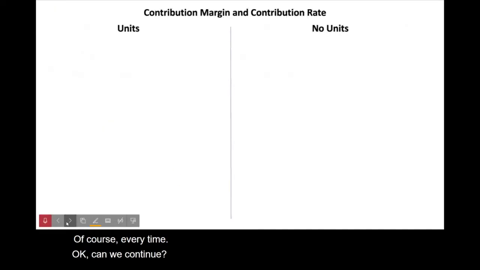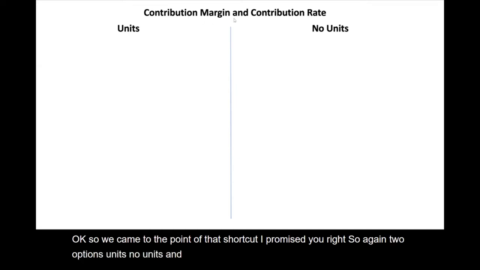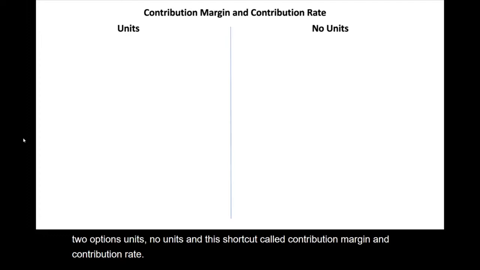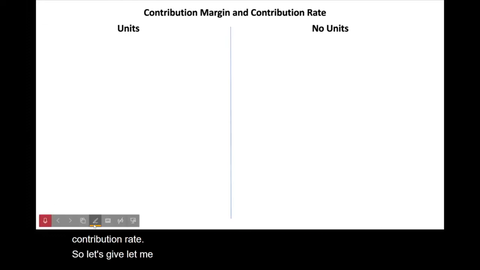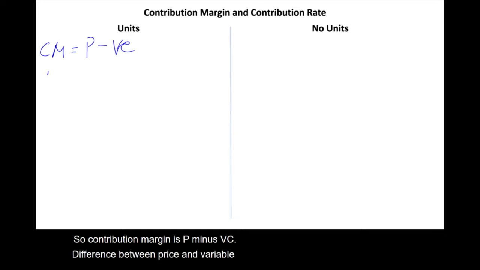Okay, so we came to the point of that shortcut I promised you, right? So again, two options, units, no units, and this shortcut called contribution margin and contribution rate. Let me give you formulas. Contribution margin is P minus VC, the difference between price and variable cost.